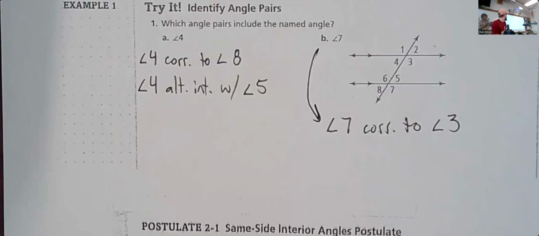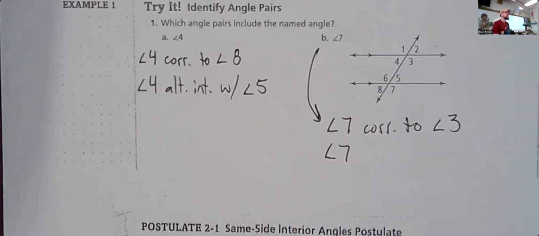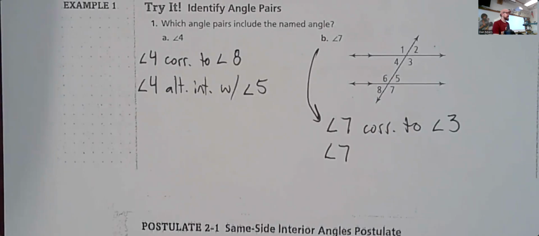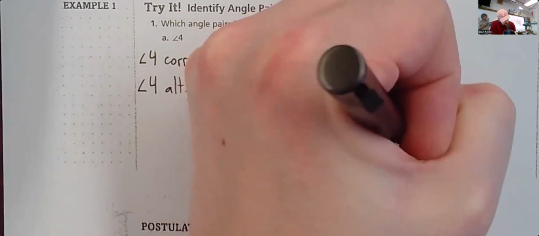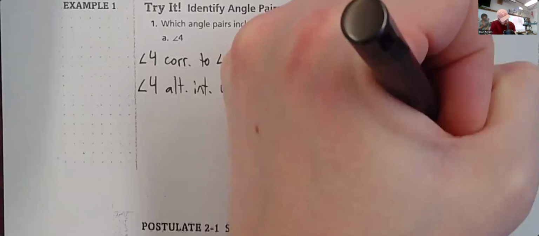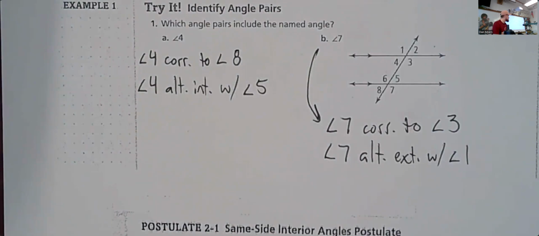This is for part B. Somebody else, another relationship that angle 7 has to another angle. Someone who maybe hasn't given a lot today. What's that? Alternate exterior, good, with angle 1. Excellent. There we go. It corresponds to angle 3. It's alternate exterior with angle 1.